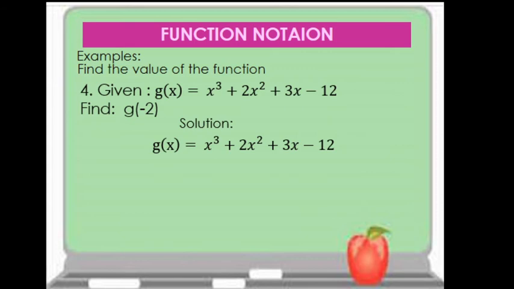So, isubstitute natin yung negative 2 doon sa lahat ng variable x. So, magiging po siyang g of negative 2 is equal to negative 2 cubed plus 2 times negative 2 squared plus 3 times negative 2 minus 12.